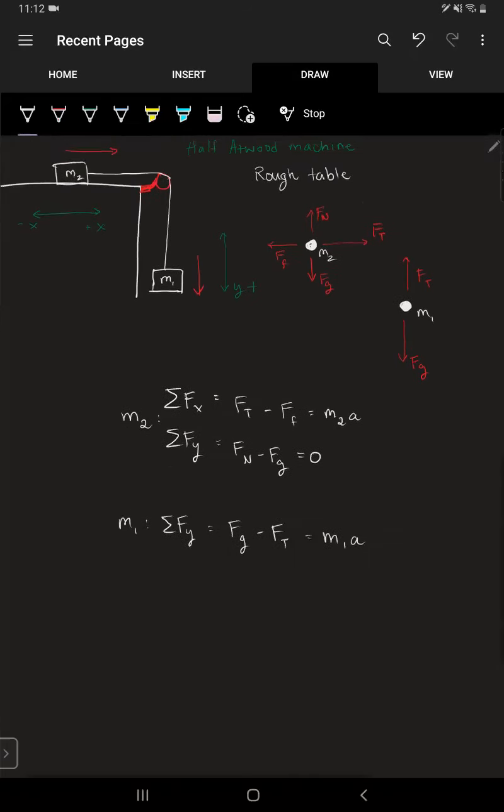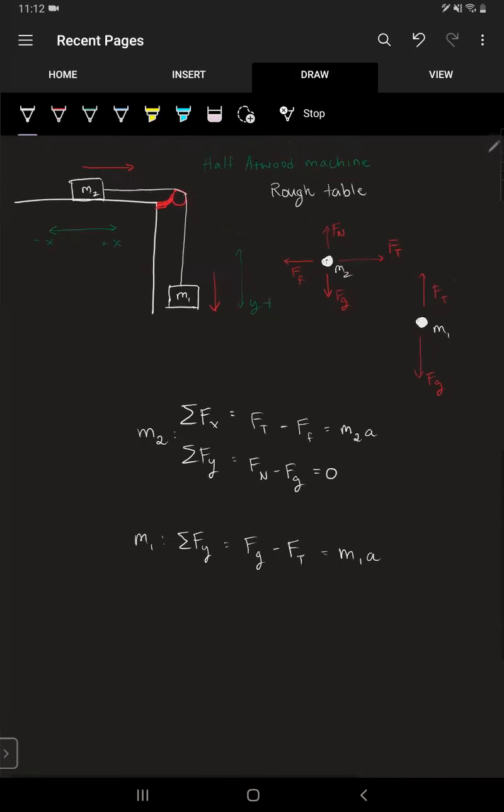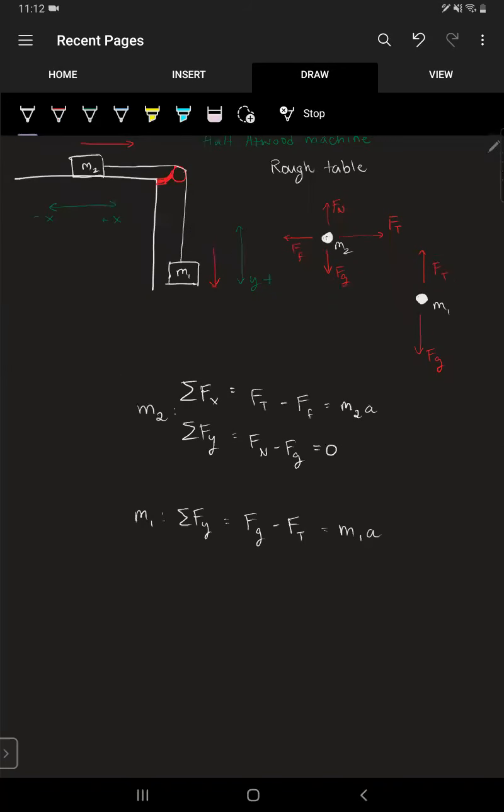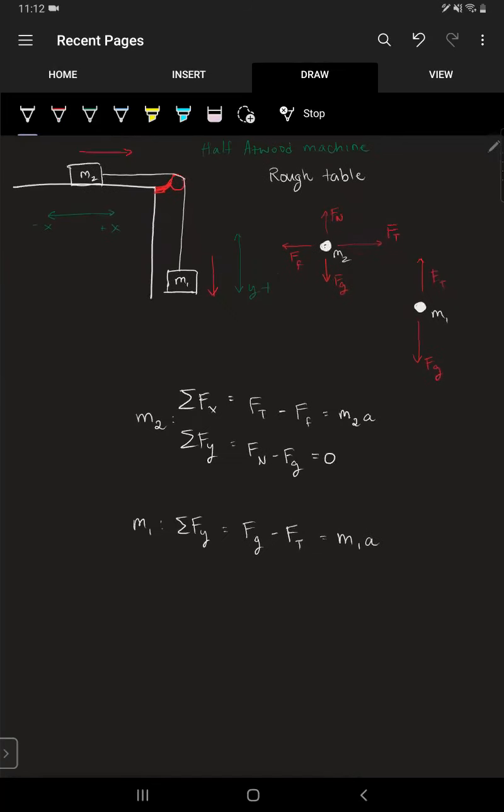Now there's some special things to this problem about the half Atwood machine. First of all, it's that friction exists. All right? Because friction exists, the special thing is, if we have friction in a half Atwood machine, that's the only thing that's going to oppose the acceleration. So let's solve for acceleration in a half Atwood machine.